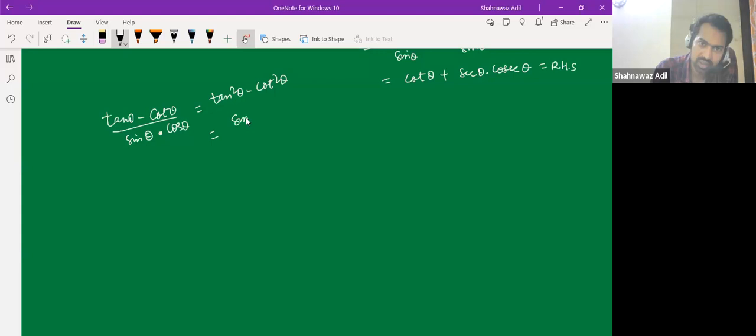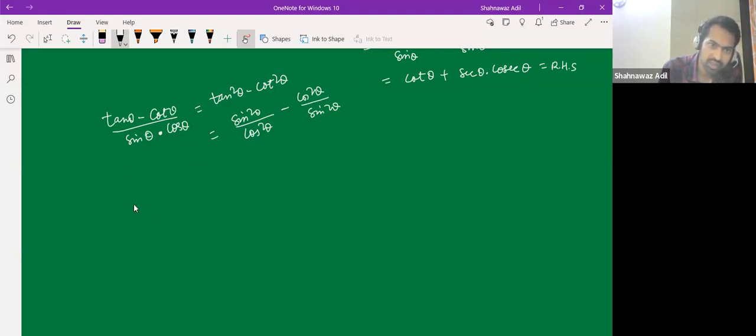This is sine square theta divided by cos square theta minus cos square theta divided by sine square theta. Oh, this is power 4. Okay, and in the left hand side, what do we have?